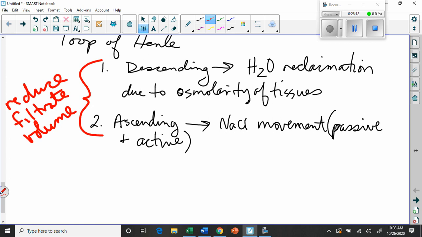Right, we're reducing the filtrate volume, and also let's put reclaiming water, to some degree anyway.